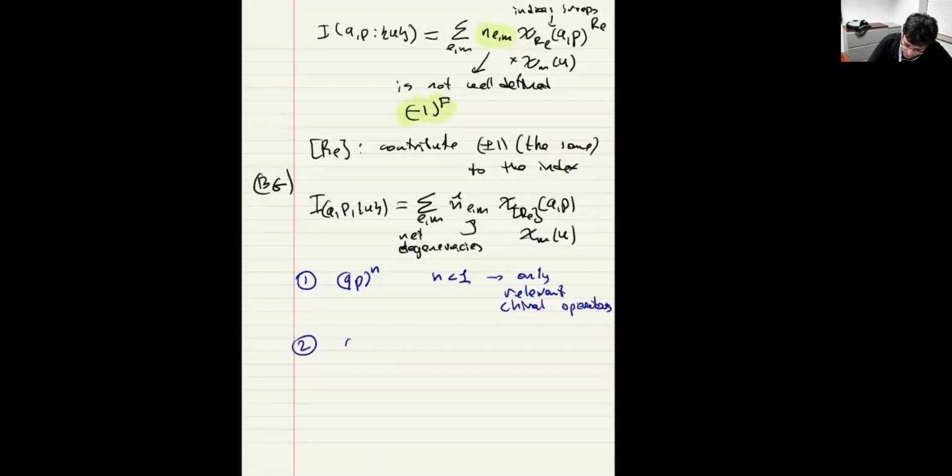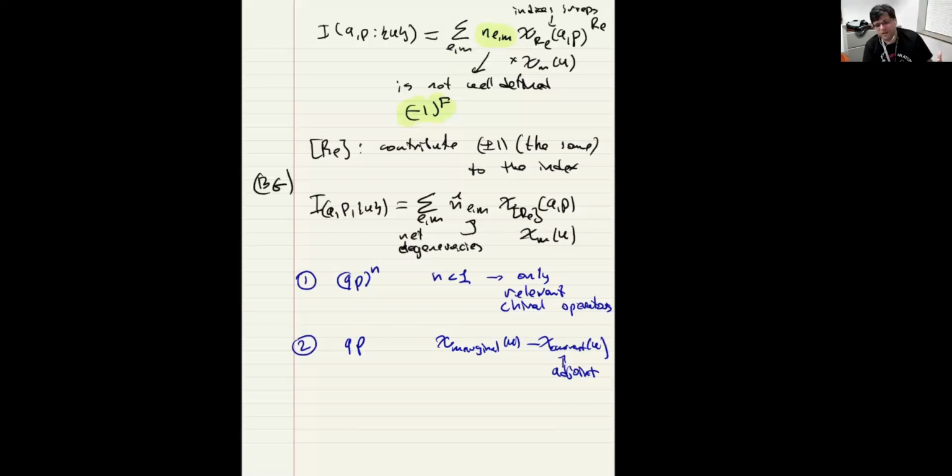Moreover, if you look at the order QP in the expansion of the index, there are two elements in the equivalence class which contribute at this order of the index, and these are marginal operators. So you will see the character of the marginal operators, which might depend on you, minus the character of the conserved currents, which of course are always in the adjoint representation of your symmetry group.